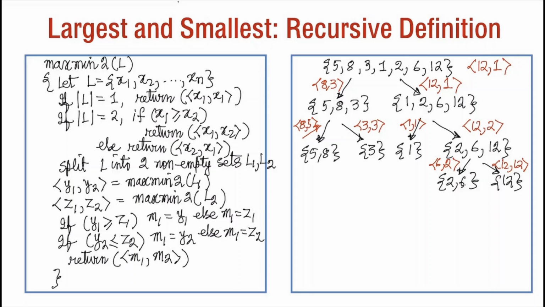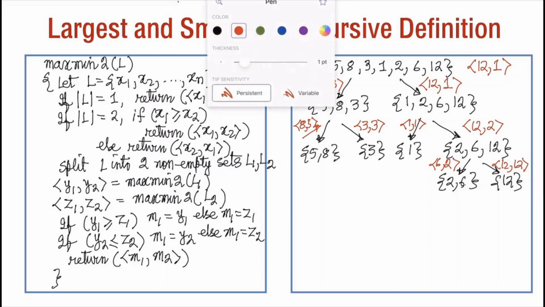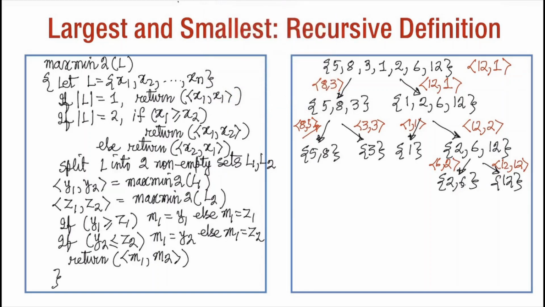And it is not difficult to show by induction how many comparison steps are there. Now let us see how many comparisons have happened here. The number of comparisons in singleton sets is all 0. Comparison in pairs of sets is 1, because we need one comparison when the L set is size 2, and we need 2 comparisons when it is more than 2.